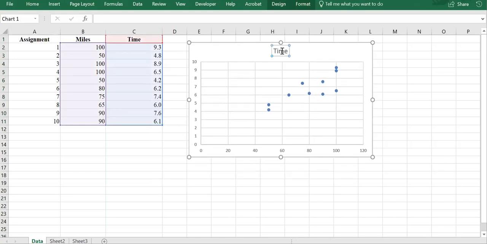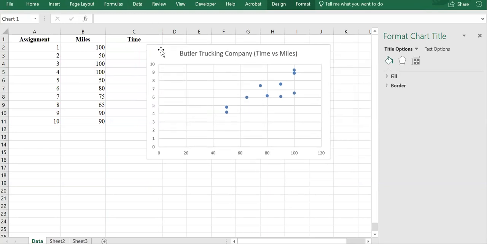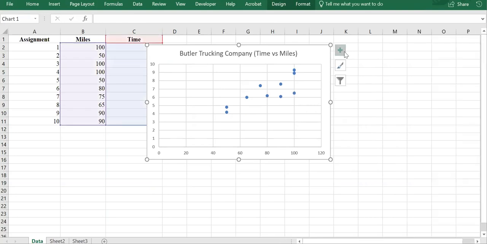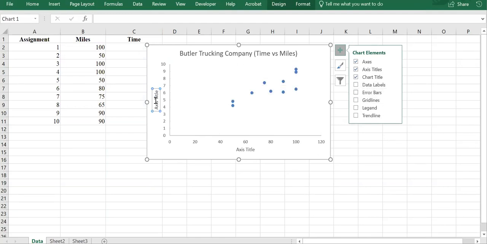So this is Butler Trucking Company, time versus miles. And then I'm just going to add axis titles, and I'm going to get rid of the grid lines.